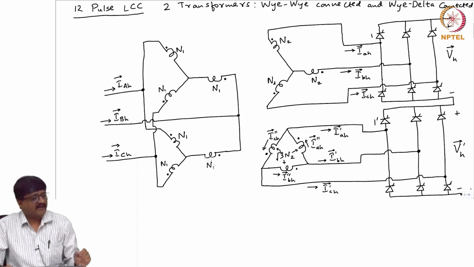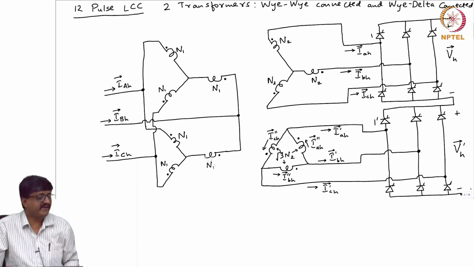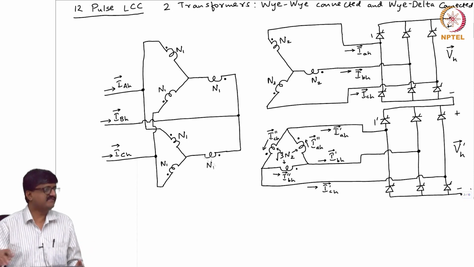I want identical operation, but the voltages that are fed on the AC side are identical in magnitude but different in phase angle. One voltage is lagging the other voltage. So, the gate pulses should also lag by the same amount. Since the voltages are lagging by 30 degrees, the gate pulses should also lag by 30 degrees.